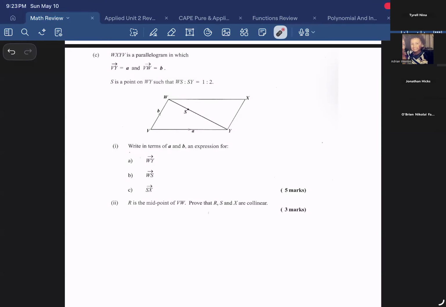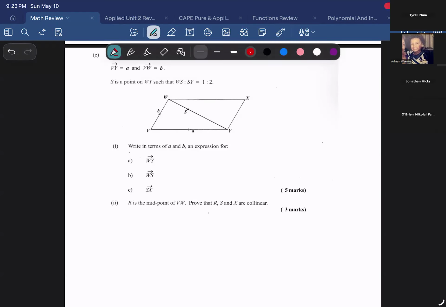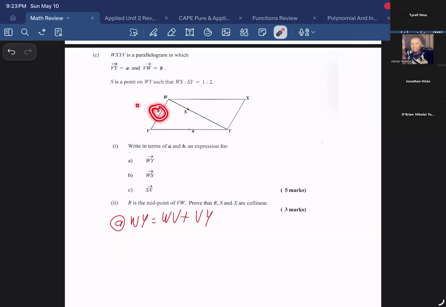Right. So let's see here. So WY is WV plus VY. Why am I doing that? Because I'm actually seeing the line. So notice B going in this direction, right?